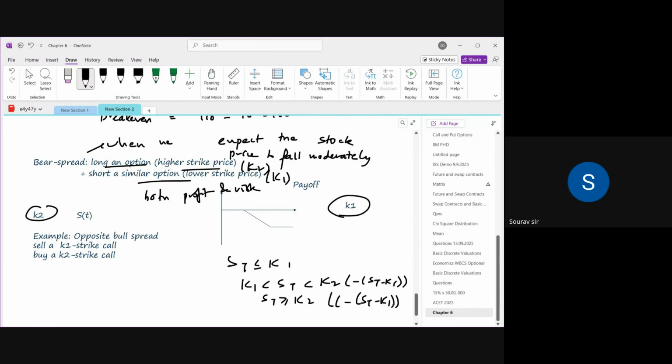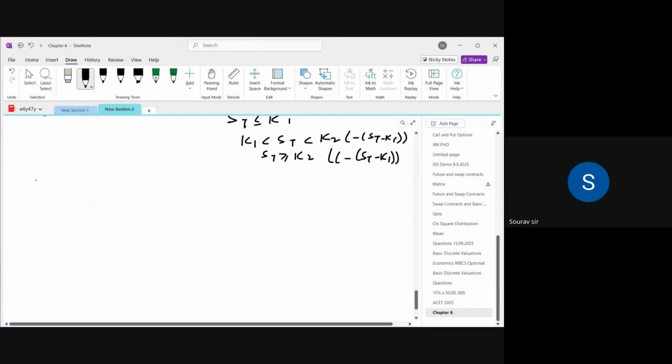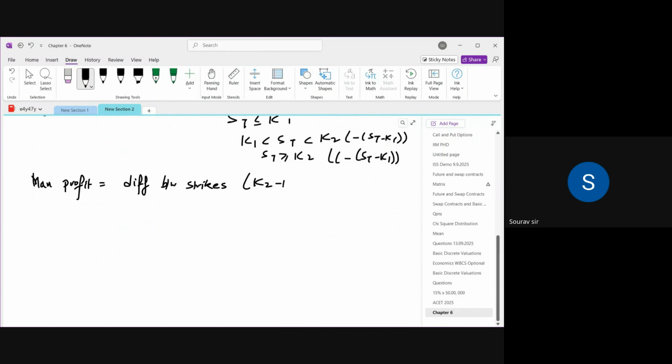So what is the profit profile? Maximum profit is the difference between strikes, K2 minus K1, minus net premium. When does it occur?